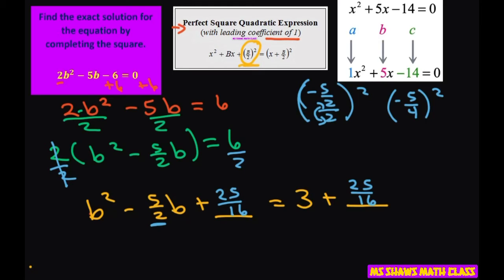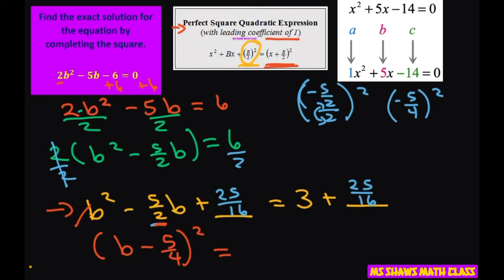All right. So now we have a perfect square trinomial. Let's condense it. And the way you condense it is write as b minus, take 1/2 times 5/2 is 5/4, and square. So if I wrote this out twice and FOILed it out, I would get this.